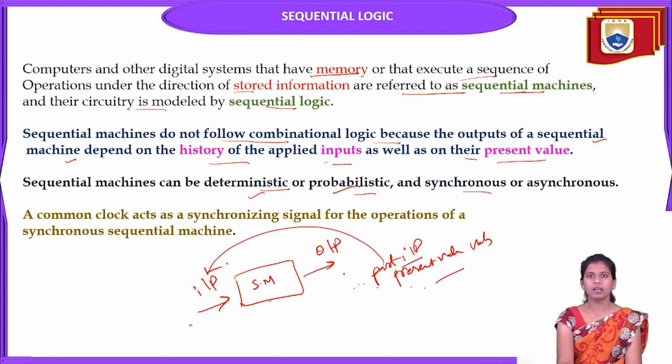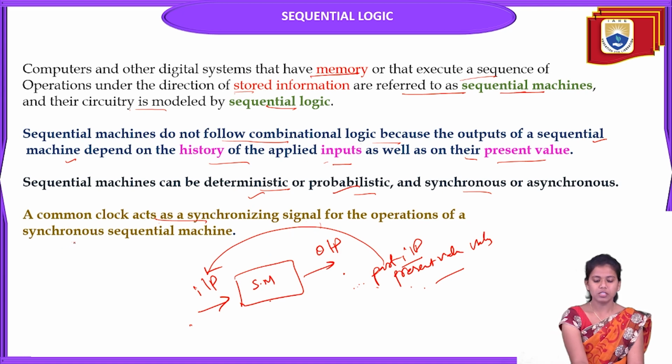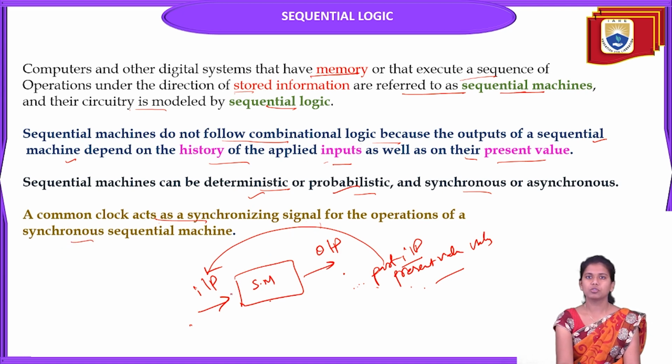And the last point of sequential logic is that a common clock acts as a synchronizing signal for the operation of synchronous sequential machines. So sequential machines can act as asynchronous sequential circuits, and we have the synchronous sequential machines, right?